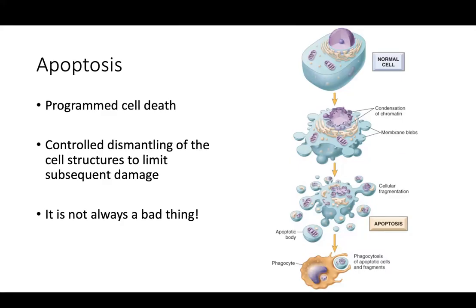Rather than necrosis that just sort of had the cell explode and leak everywhere, apoptosis does things in a much more coordinated fashion to limit the amount of inflammation, to limit the amount of damage. It will remove cellular components in really neat little packages so that none of it leaks out.